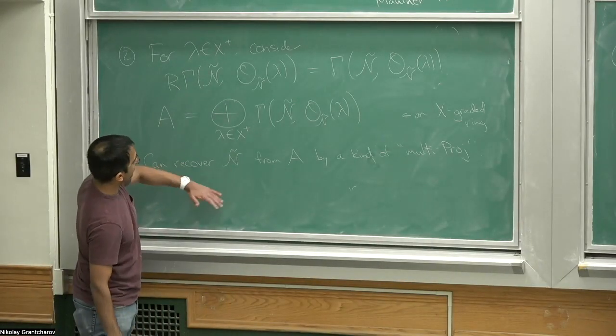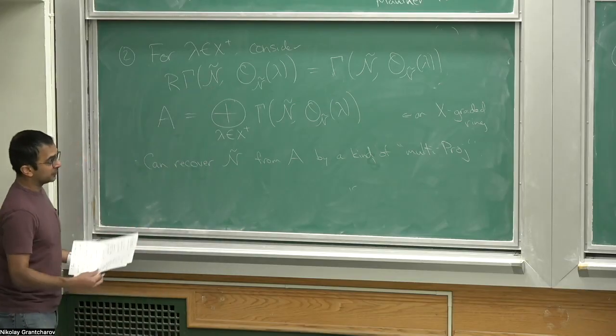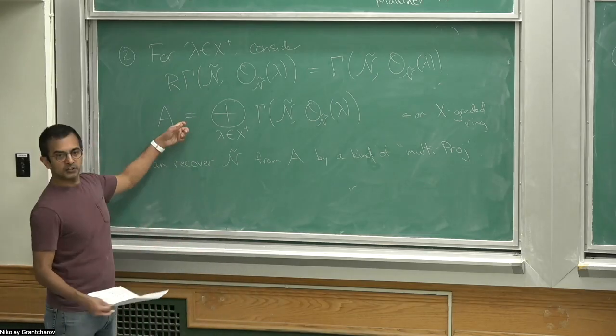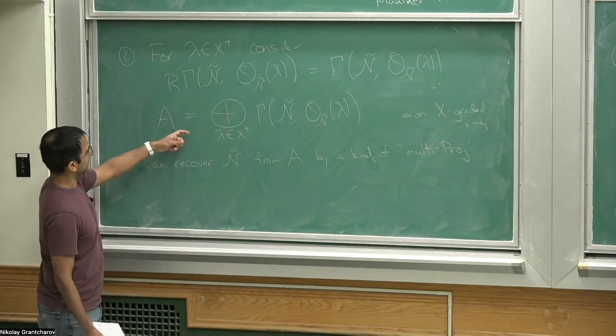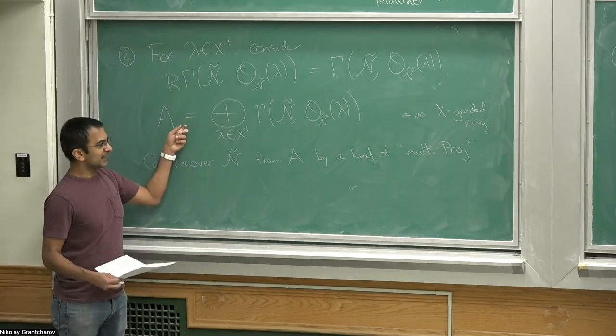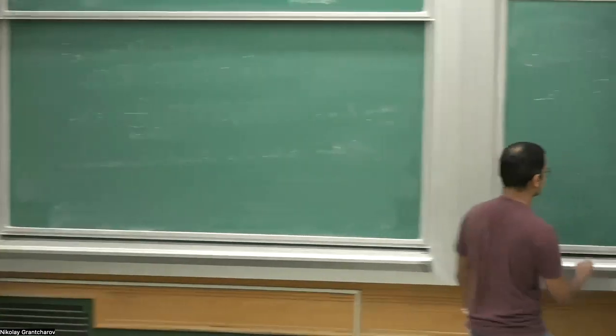There's some kind of multi-proj you can do to get back the variety from this ring. And going along with that, there's some construction that takes graded modules over this graded ring and then produces a coherent sheaf.